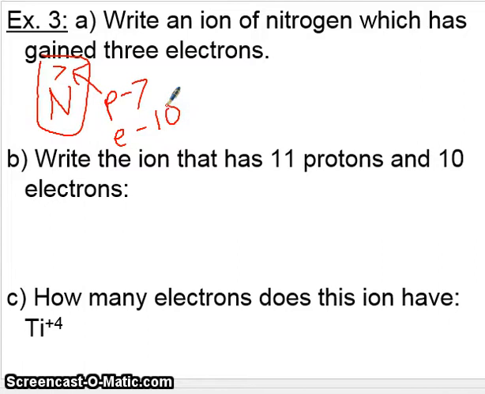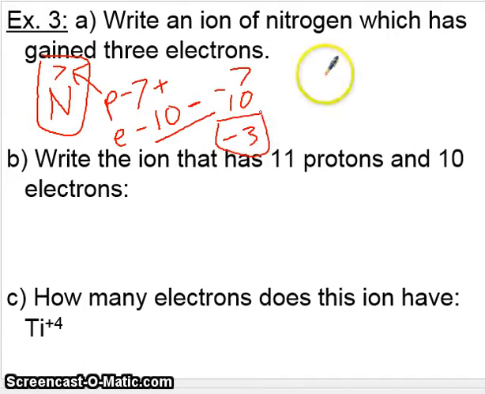Now since protons are positive, we have 7 positives and we have 10 negatives. So overall, 7 minus 10, we'll get -3. And this -3 is the charge that goes on nitrogen. We'll write the symbol for the element, and then the -3 goes in the upper right-hand corner. This is how we write ions.